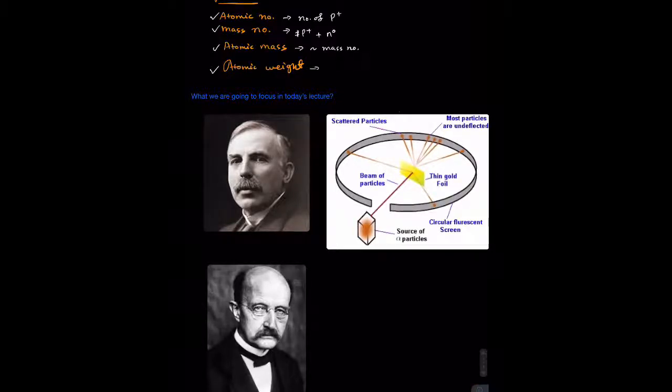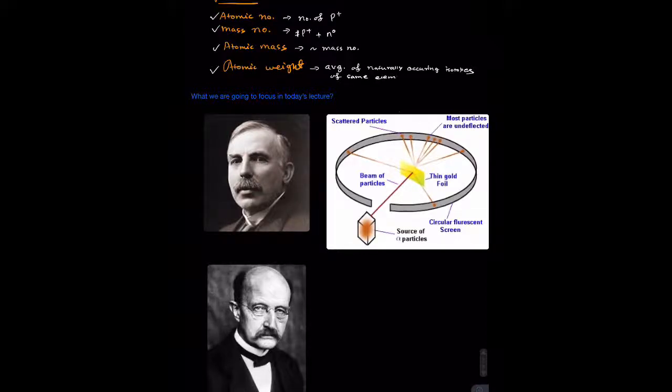Atomic weight is the average (AVG) of naturally occurring isotopes of the same element.